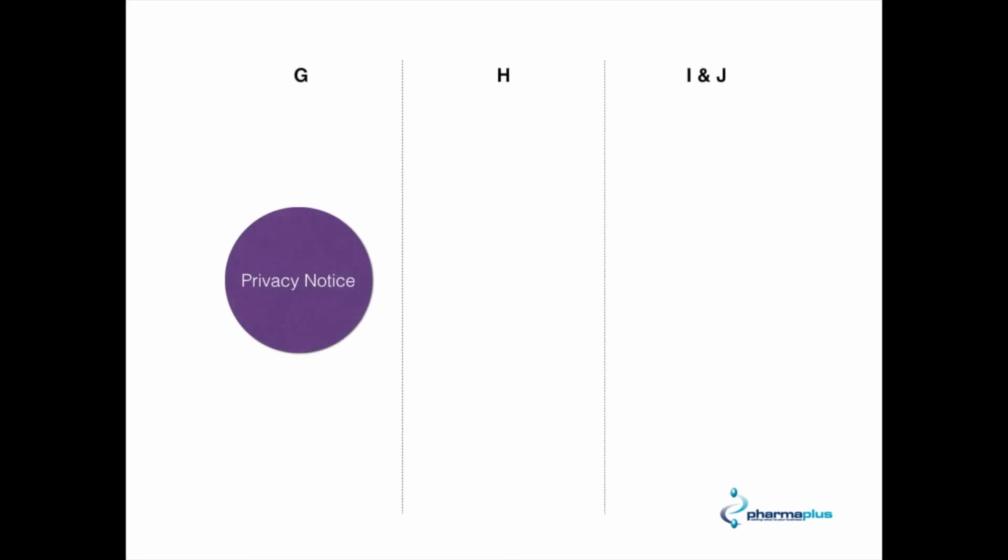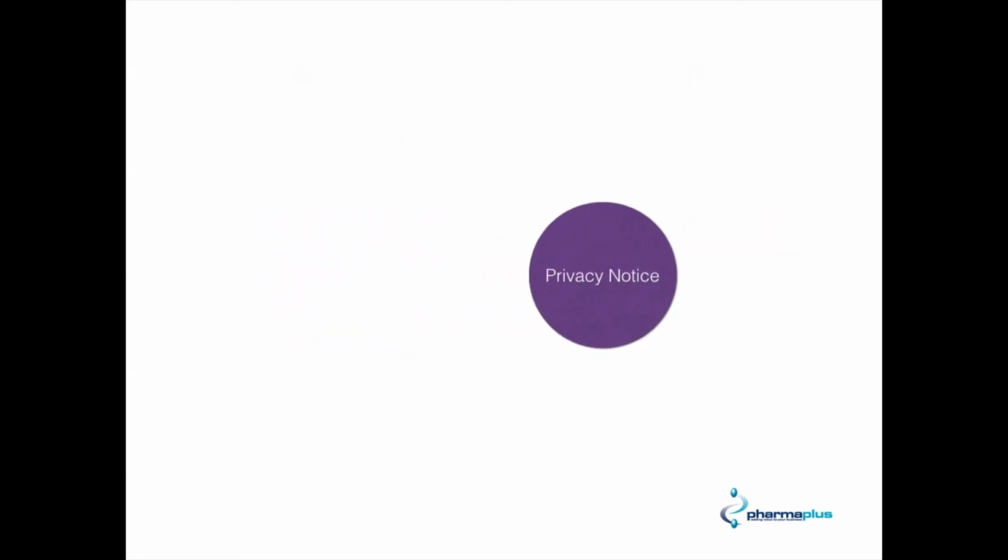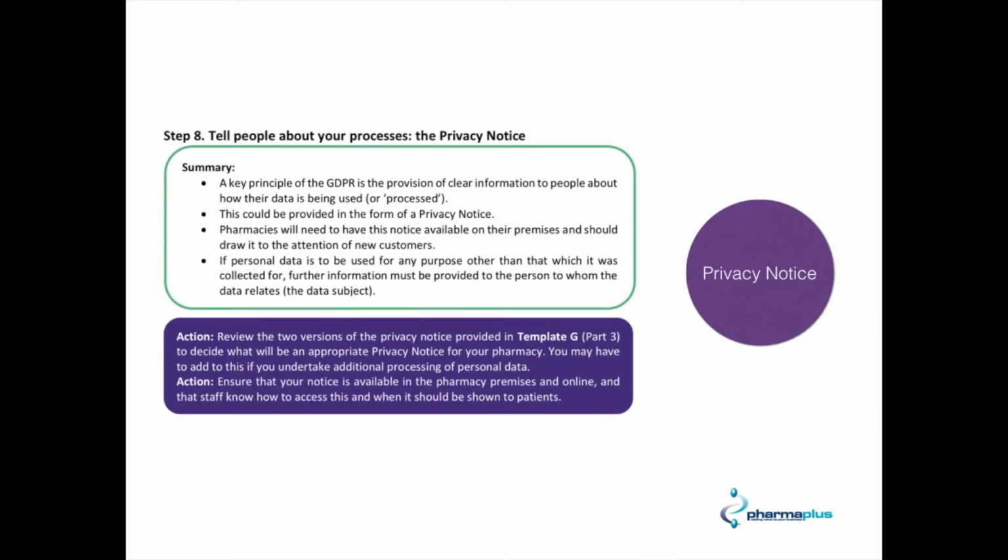Template G relates to the privacy notice, template H relates to the data security, and templates I and J relate to personal data breaches. Let's have a look at privacy notice first. It's pretty simple really. There are 2 versions of the privacy notice provided, and you need to make sure that it is prominent.